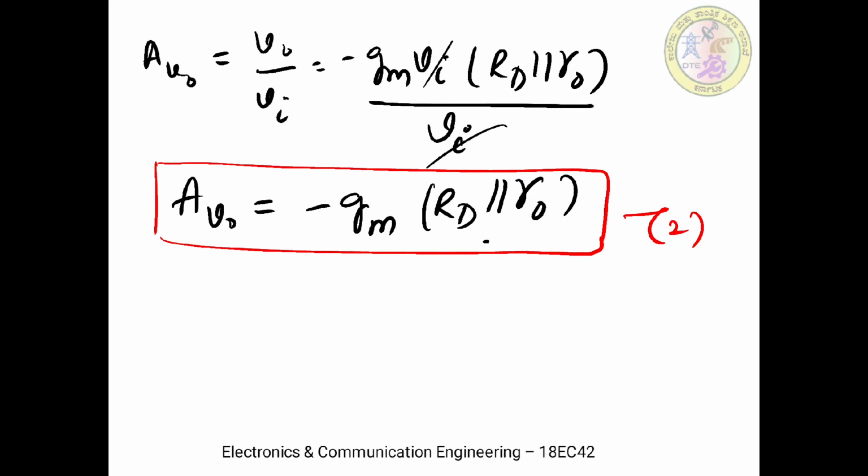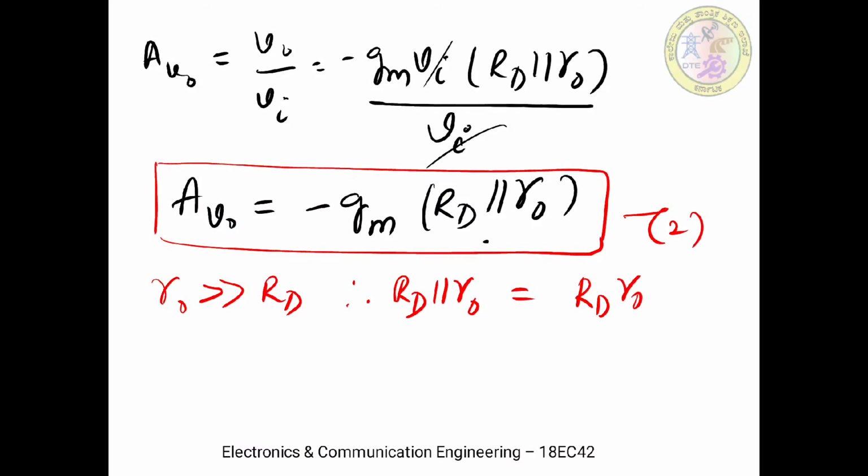But the R0 value is always very much greater than RD. So RD parallel to R0 is nothing but RD into R0 by R0 plus RD. As R0 is very high, you can consider only R0 in the denominator by neglecting RD.